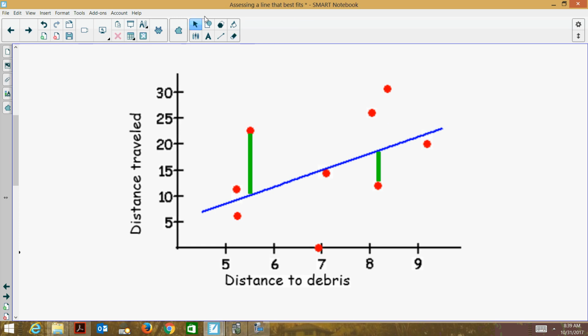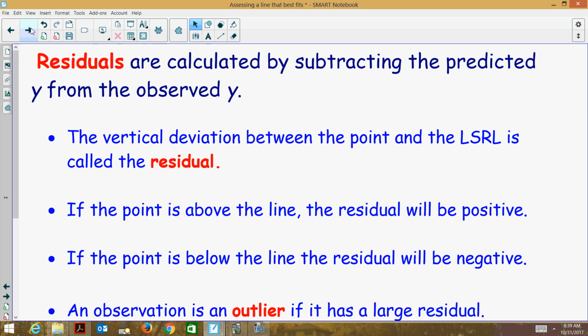The distance between the line and our actual data points is called a residual. Residuals are calculated by subtracting the predicted y from the observed y. So you subtract the actual y that you have from your data set by what your model predicts.